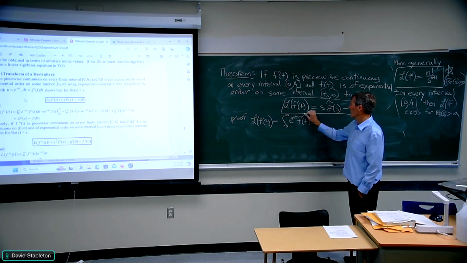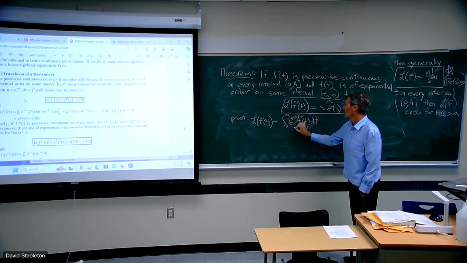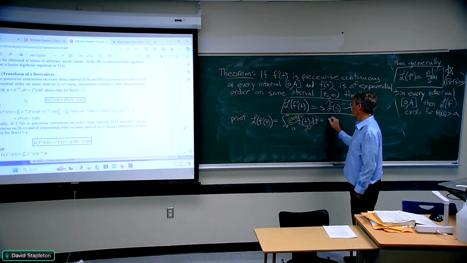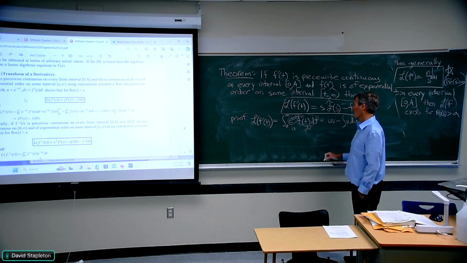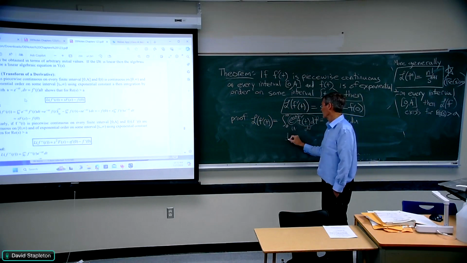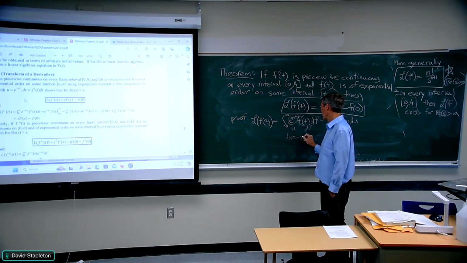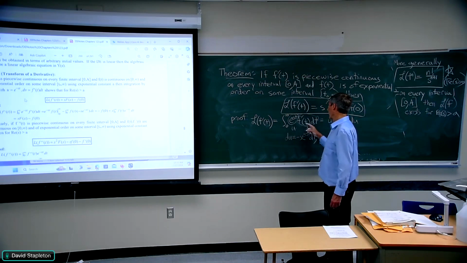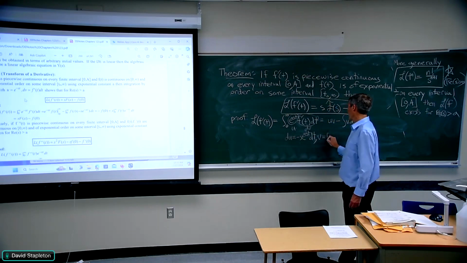So what you do is you call this part dv, and you call this part u, and again we'll use integration by parts, which is uv minus the integral of v du. Where u is e to the minus st, so du is minus s e to the minus st dt, right? And v is the integral of f prime, which is f.